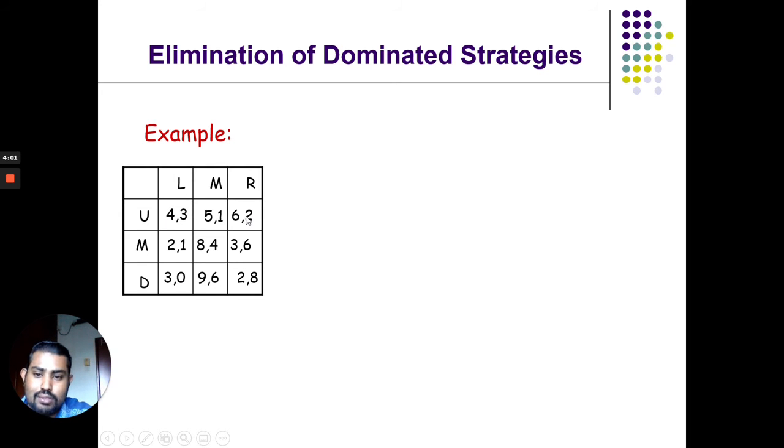So let's compare this one. 2 is more than 1, 6 is more than 4, 8 is more than 6. So it means that we already know R will dominate M, correct or not? So that's why we will eliminate M, because we already know R will always dominate M, and definitely player 2 will never play M.